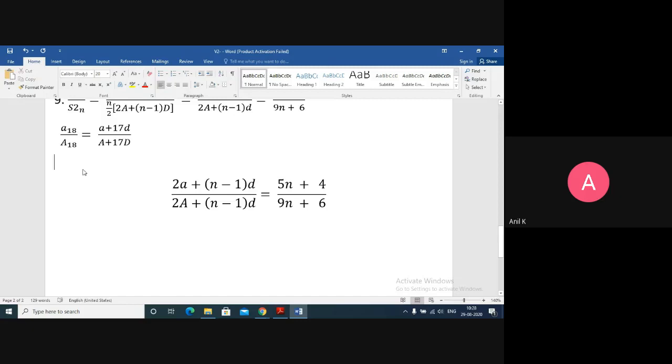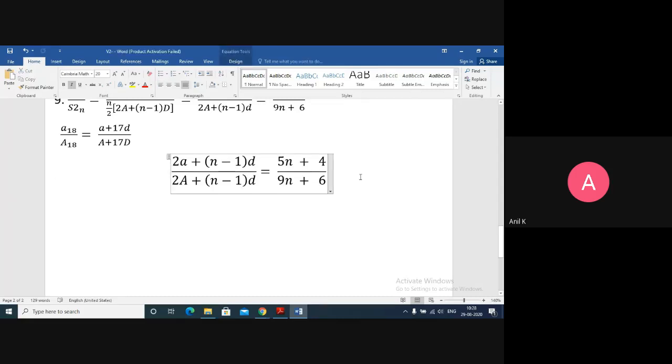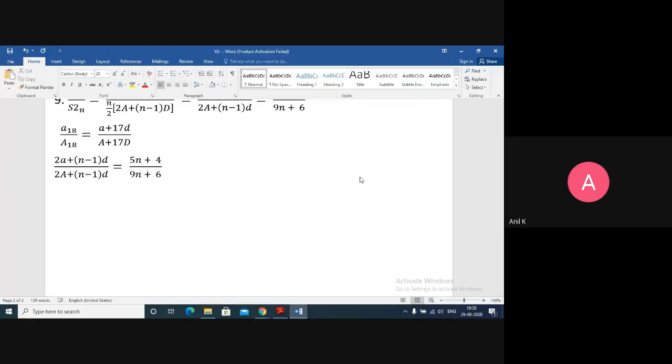Here I'll write: substitute n equals 35. We call this equation number 1. Now we substitute n equals 35 in equation 1.